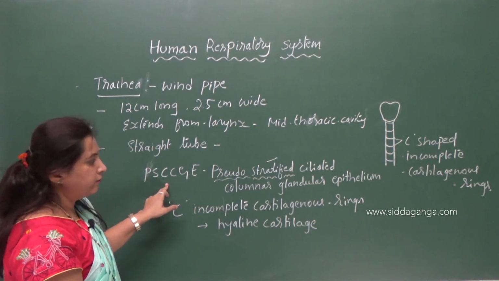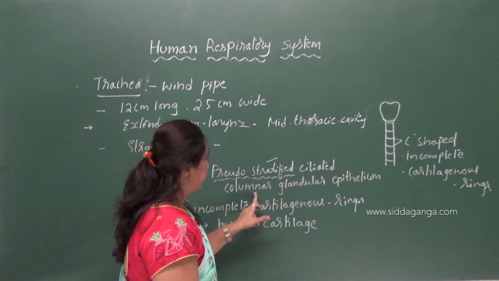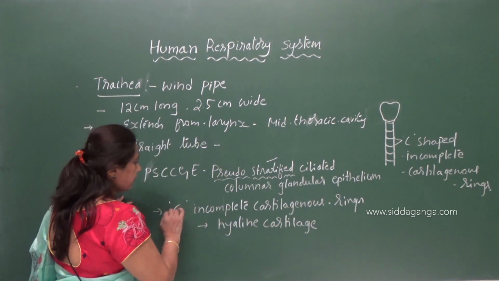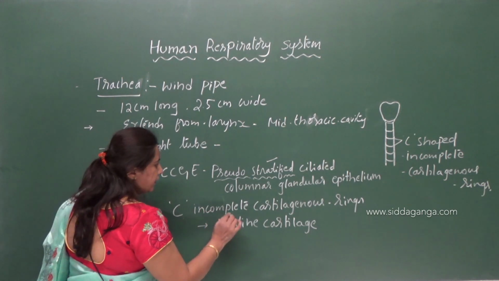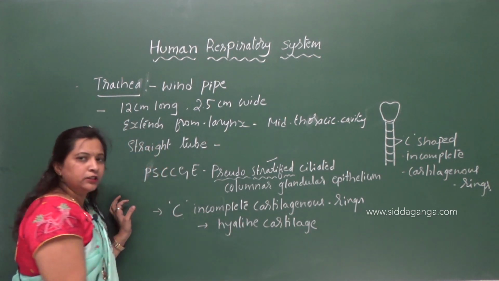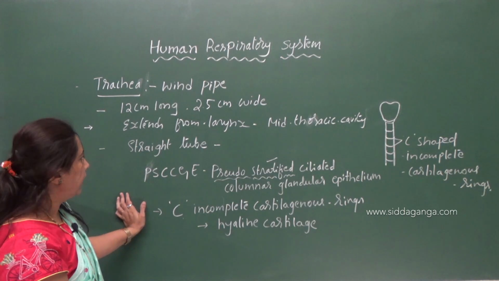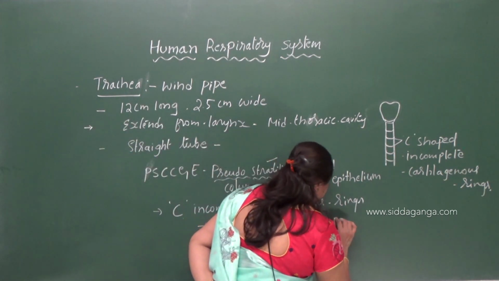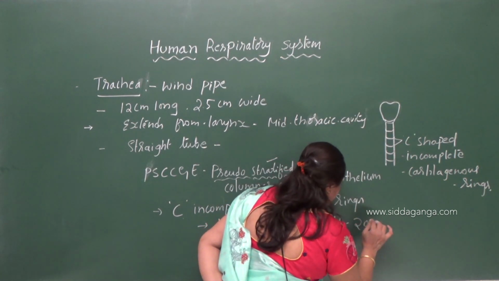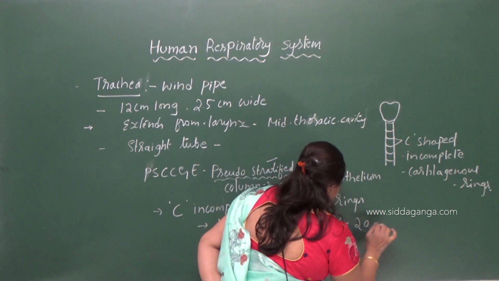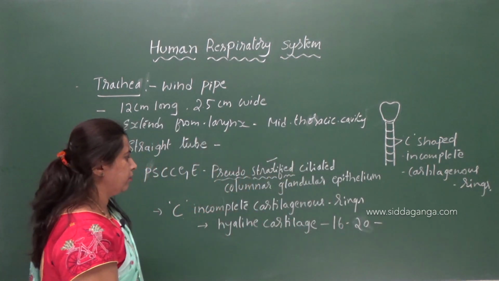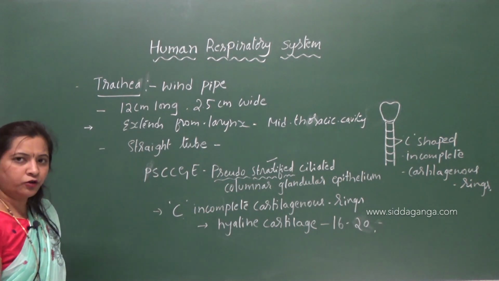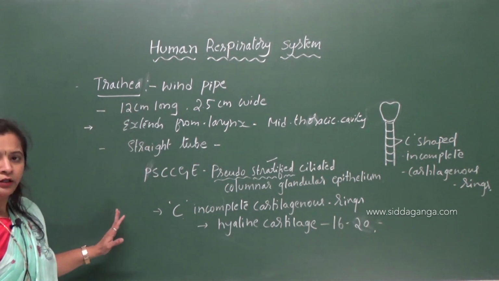Internally it is lined with pseudostratified ciliated columnar glandular epithelium, and it is supported by C-shaped incomplete hyaline cartilaginous rings. Understood? And the number of hyaline cartilage rings is 16 to 20. So how many cartilaginous rings are there? They are 16 to 20 in number. Understood? So this is the trachea.